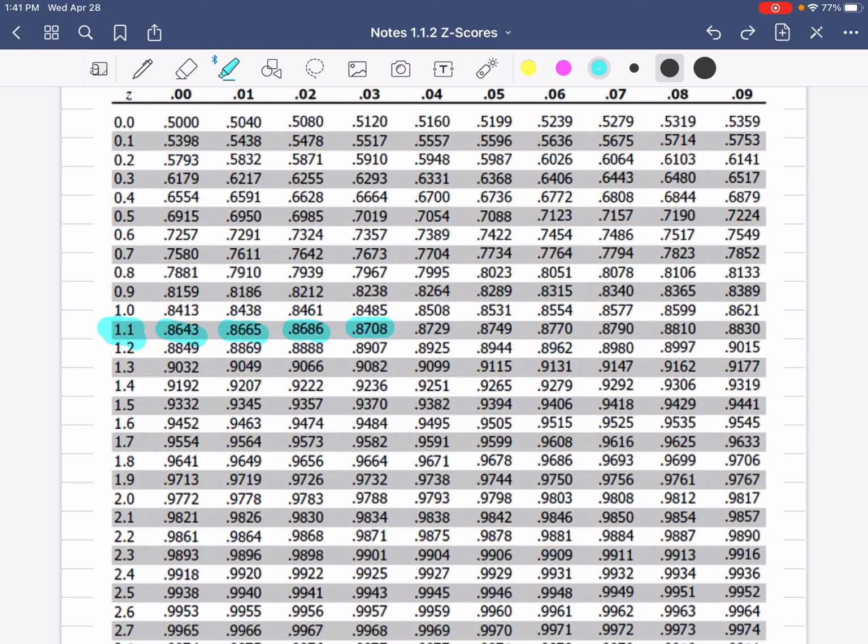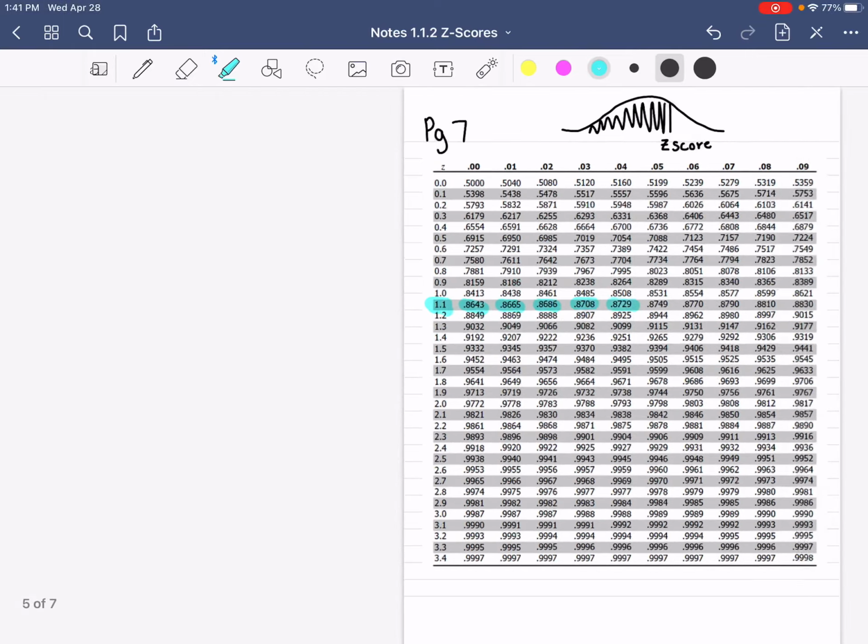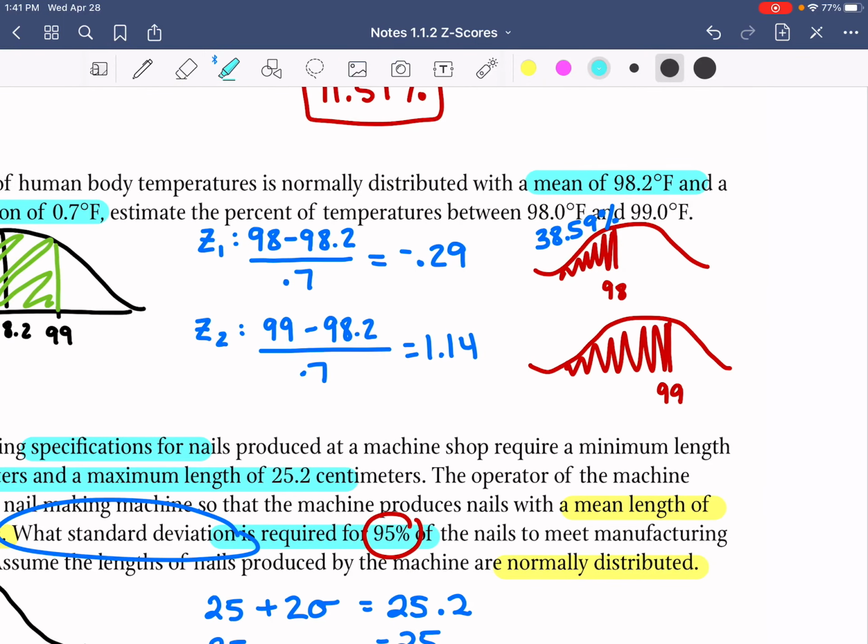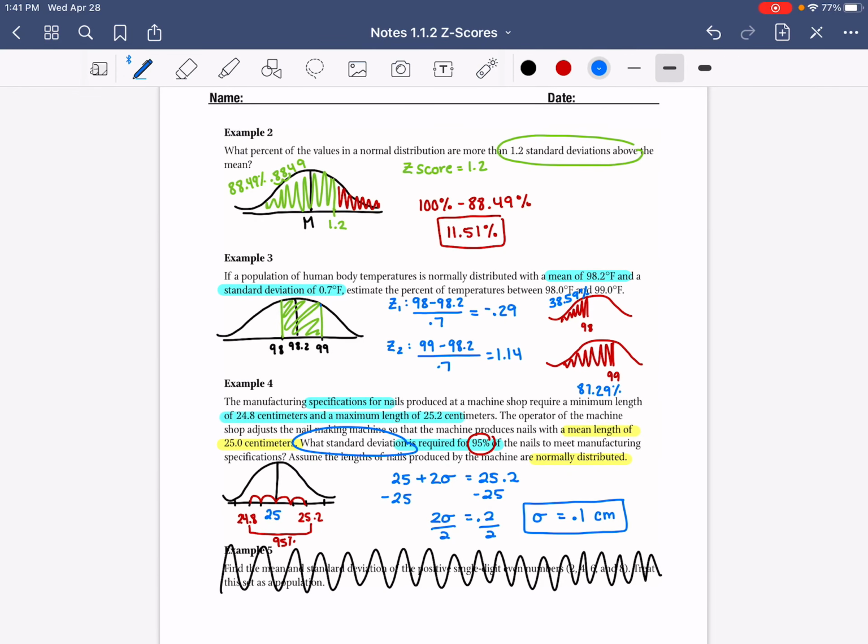I highlighted too much. 0.8729. So move it as a decimal, it's 87.29. Well, from here over is 87.29. From here over is 38.59.